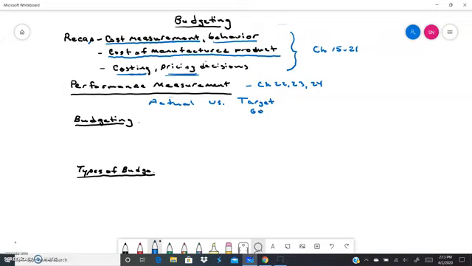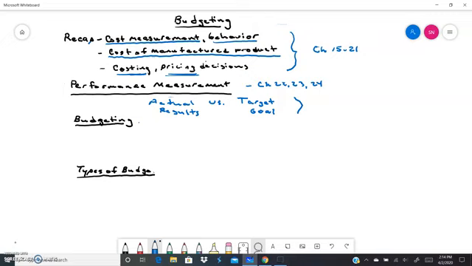So what we're going to basically do in these next three chapters is take a look at setting specific goals and then measuring our actual results against those, and then being able to determine how we are doing relative to that. From that, that's going to help us to better manage the business. We're going to understand where we're doing well, where we're doing poorly, and it's going to help us determine how we can run the business more efficiently and guide us in our decision-making process.